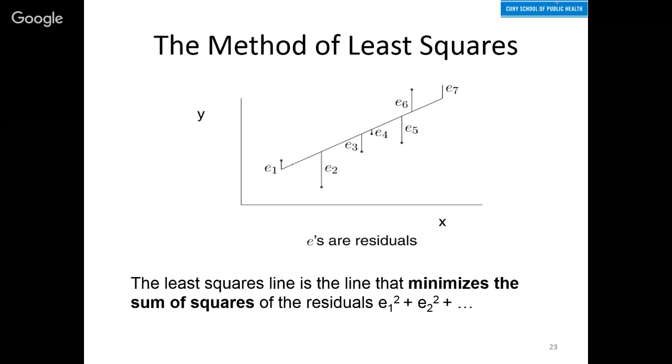Does anyone want to take a guess as to what I mean by unbiased in this instance? So we estimate a slope and intercept using this method of least squares, and I tell you that the slope and intercept are unbiased estimators of the slope and intercept in the population.